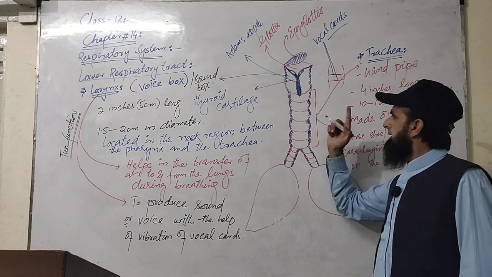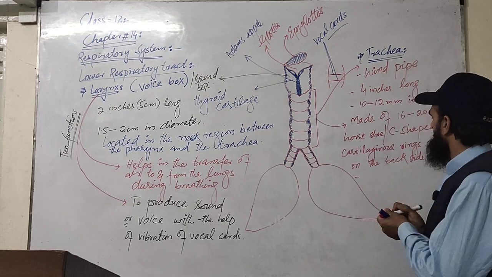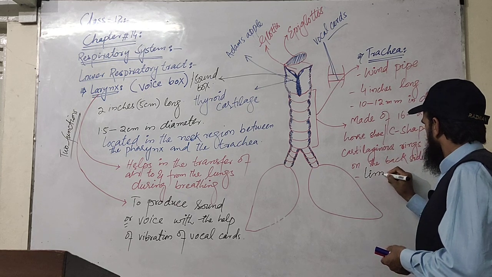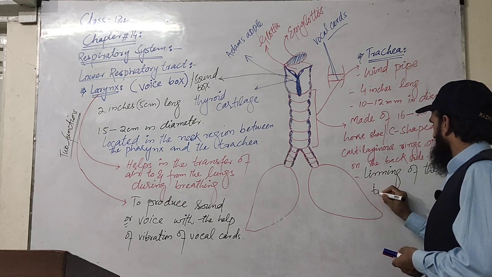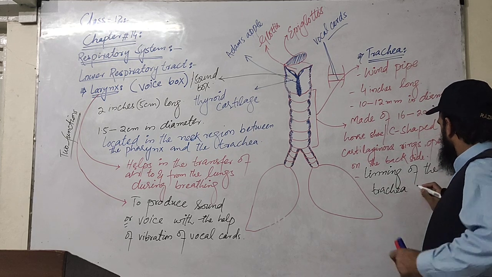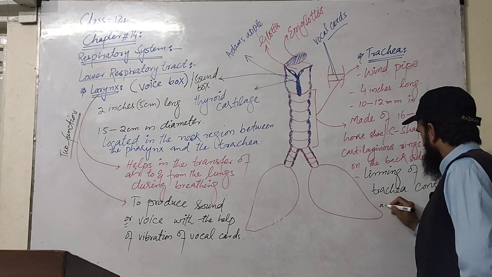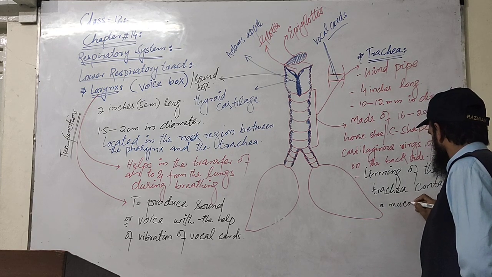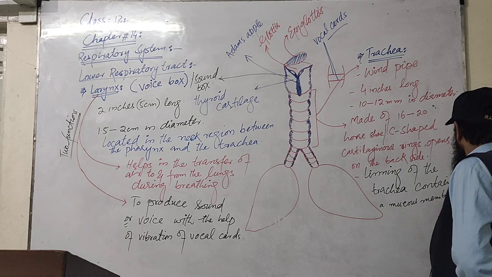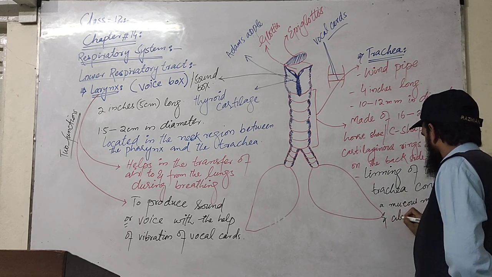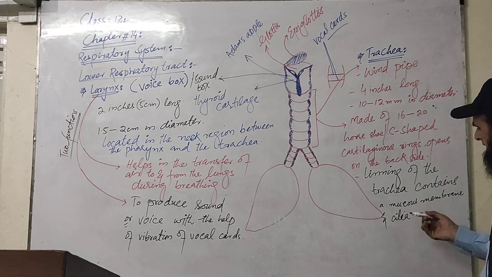Inside the trachea, if we talk about the lining of the trachea, it contains a mucous membrane and cilia.